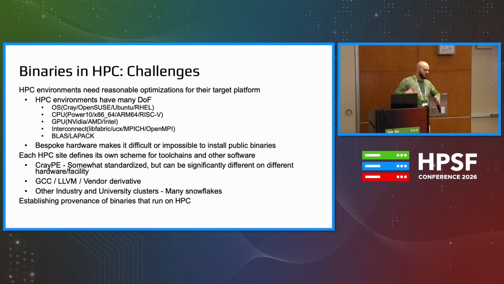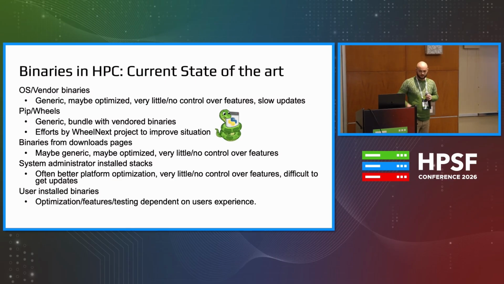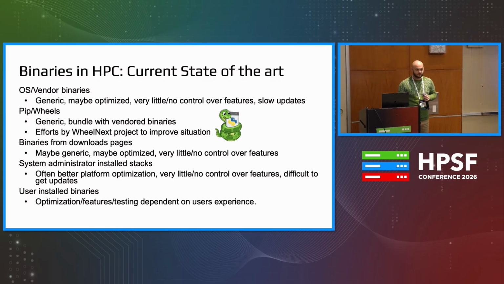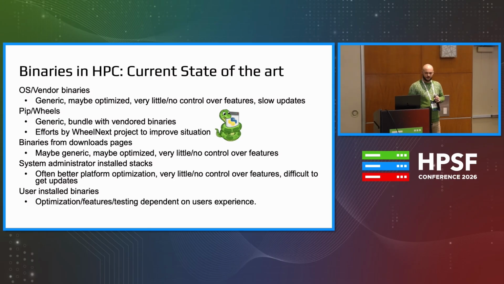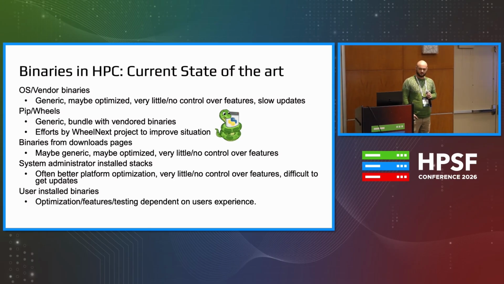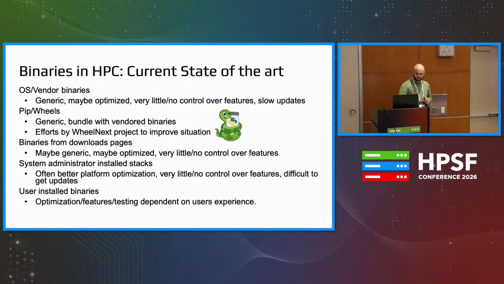There's some existing work on this and sort of needing that in for HPC. So the current state of the art is you have your operating system provides a cache. You have pip wheels with sort of varied success there. There's a Wheel Next project that's currently doing some work to improve that situation, but they're still a ways out from getting everything we need.